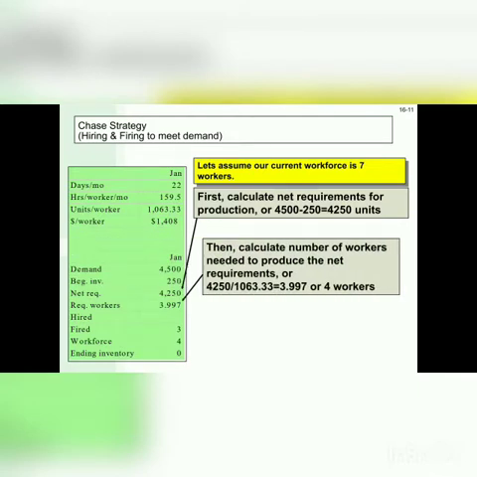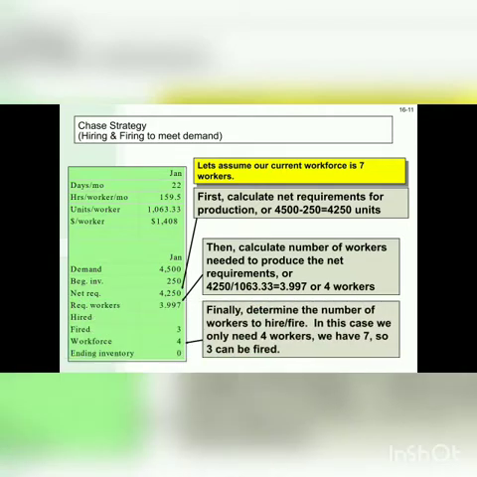Here you can see the calculation of various numbers, which are very easy. 3.997 is 4 workers. So by using the chase strategy, a manager has to fire 3 people, and with 4 people he can meet the demand.